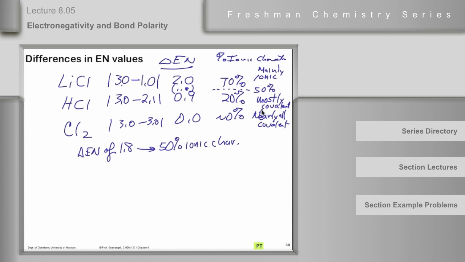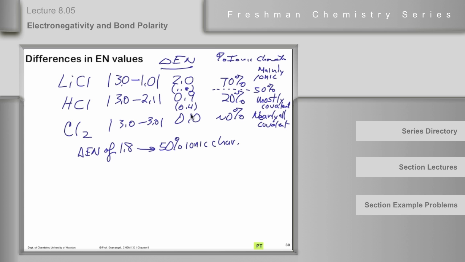There is another arbitrary thing at 0.4, which I never saw the use for, in the sense that it says below 0.4, the bonds are almost completely covalent.